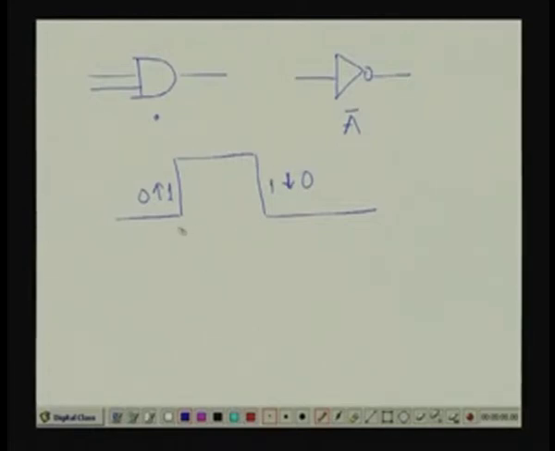Now, this is the ideal situation, as if this 0 to 1 or 1 to 0 almost takes no time. So, I can say it takes no time for this switching.